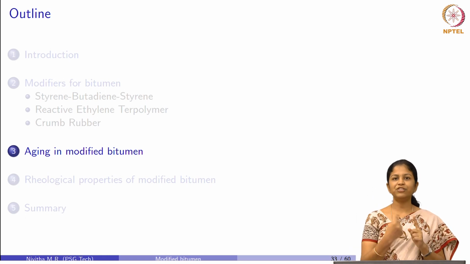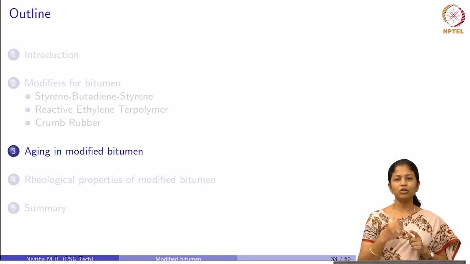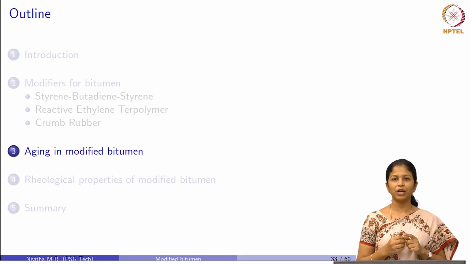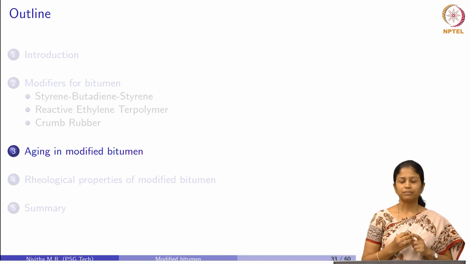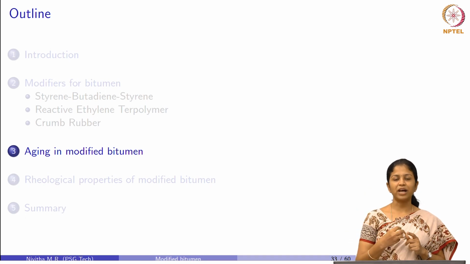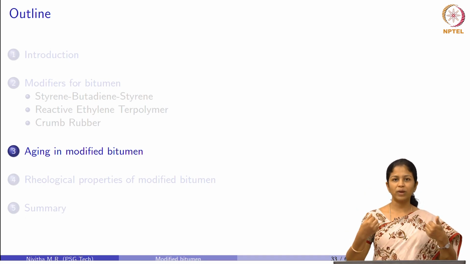After this initial high shear period, there is a low shear period. This low shear period is specifically required for modifiers which contain elastomers. We have seen that these elastomers absorb the lighter fractions which are present in bitumen and swell in volume.